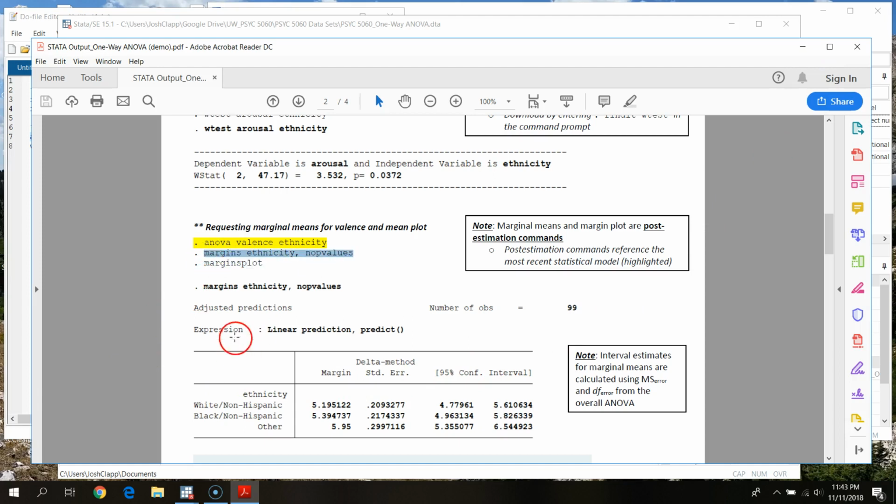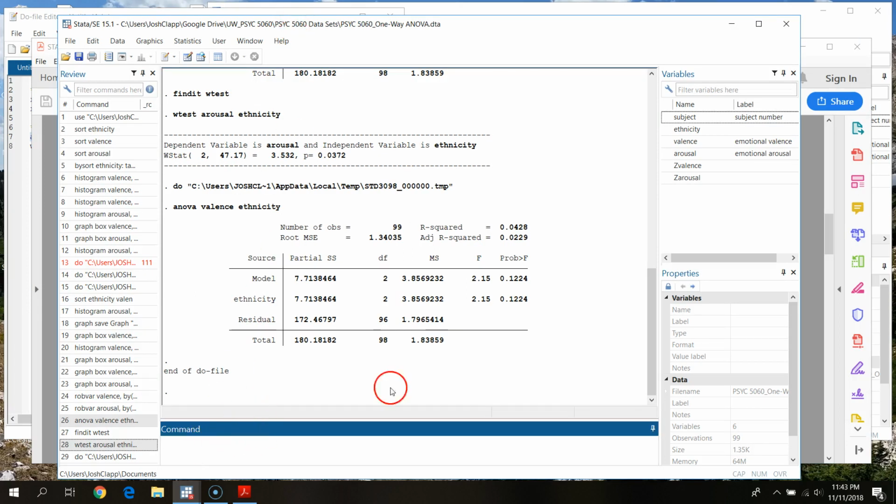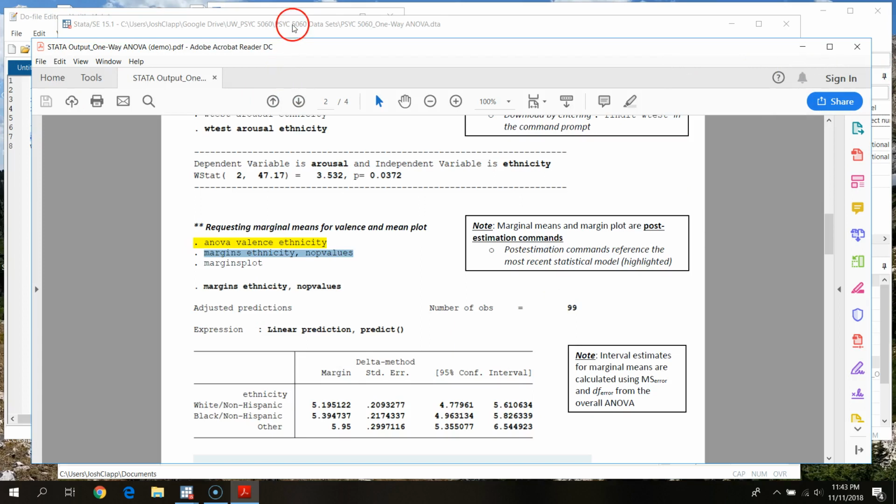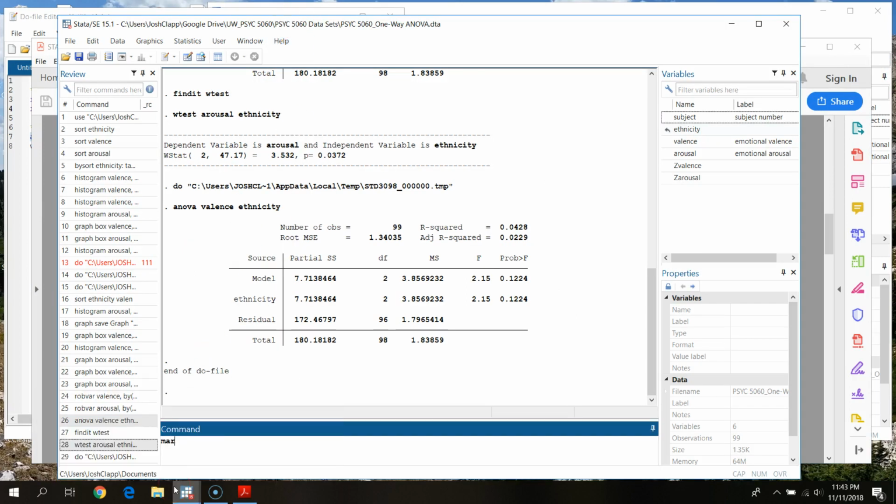post-estimation commands. So I can go through and I can say margins, ethnicity, and then we're going to put in no p-values, because otherwise this will just give us p-values on whether or not our mean values are reliably different than 0, which isn't super relevant to what we're doing here.